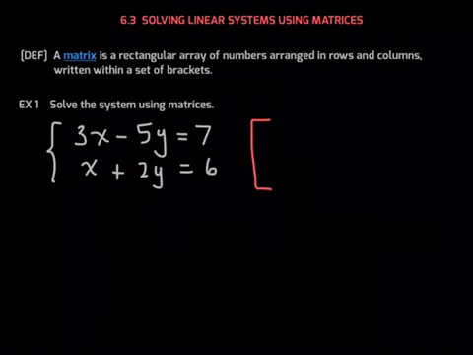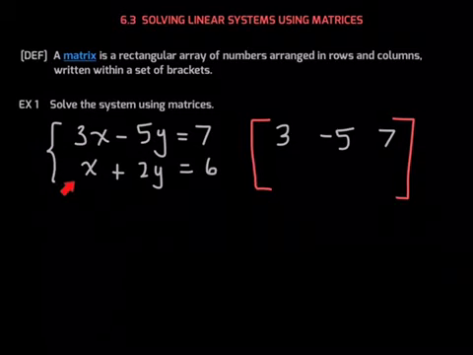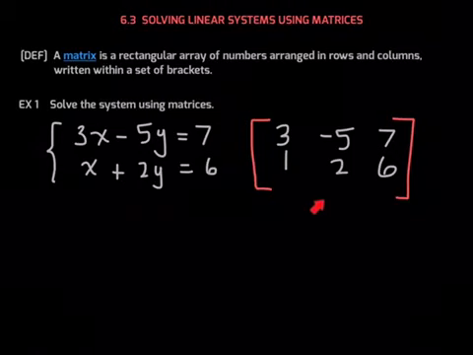Those are my entries for the first row. And when it comes to the second row, the entries correspond to the coefficients of my second equation, namely 1, 2, and 6. So this is the matrix that corresponds to this system of equations.